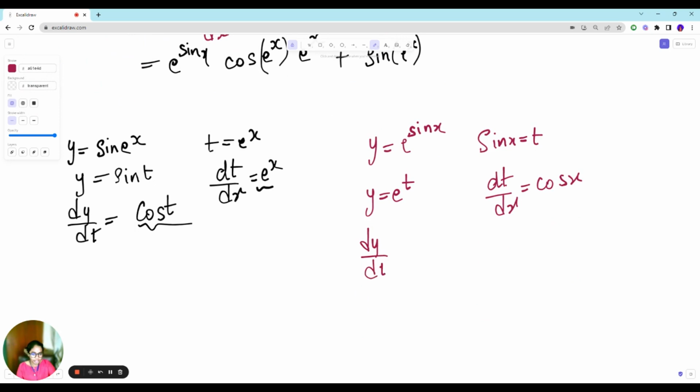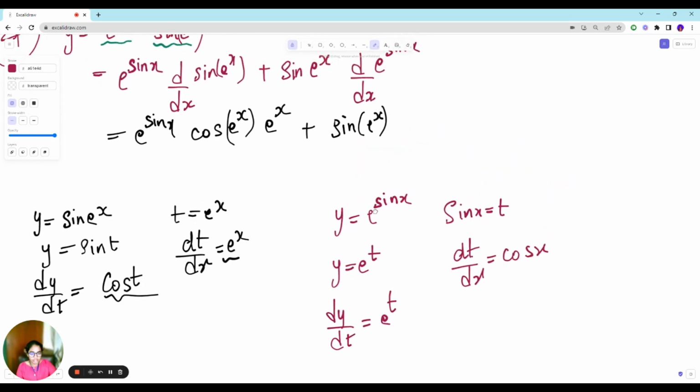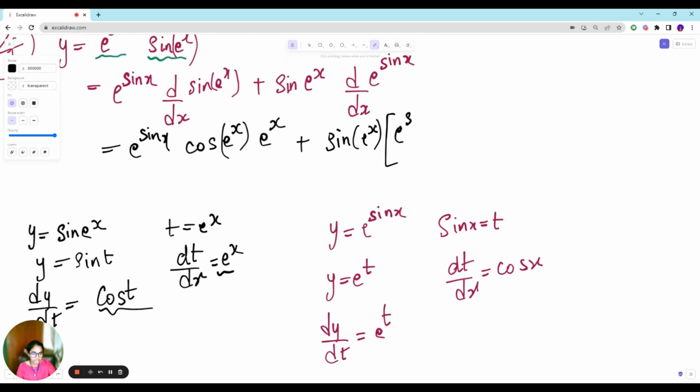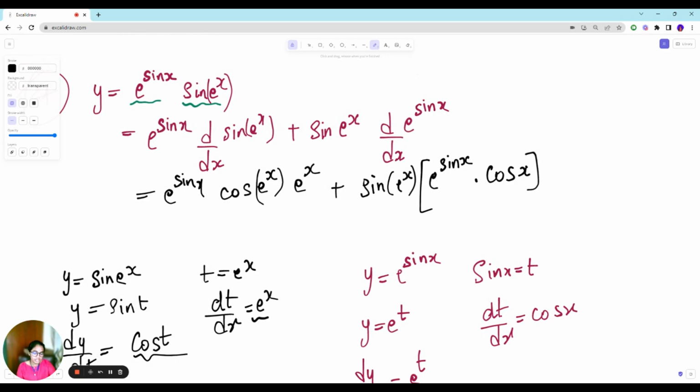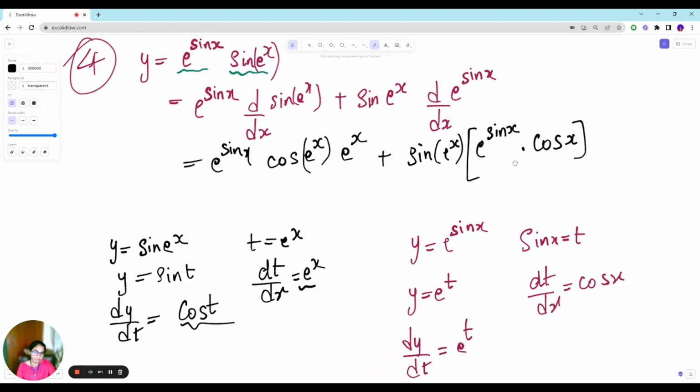Dy by dt is equal to e power t. So now I would have to write here e power, what is the value of t? T value is sine x, into cos x. How did I solve this? I solved it using the chain rule.